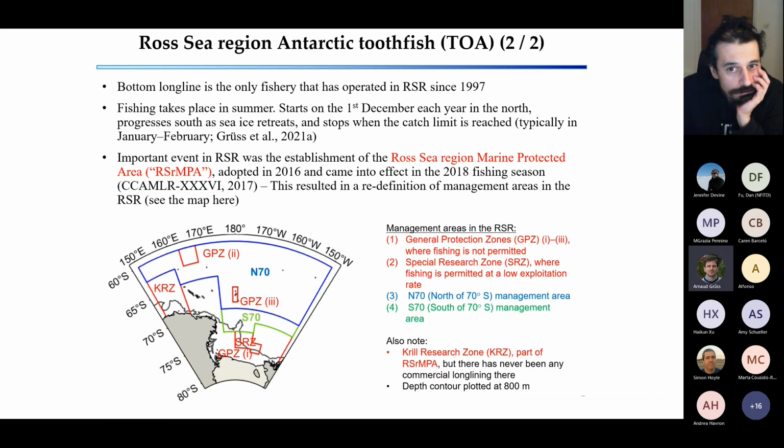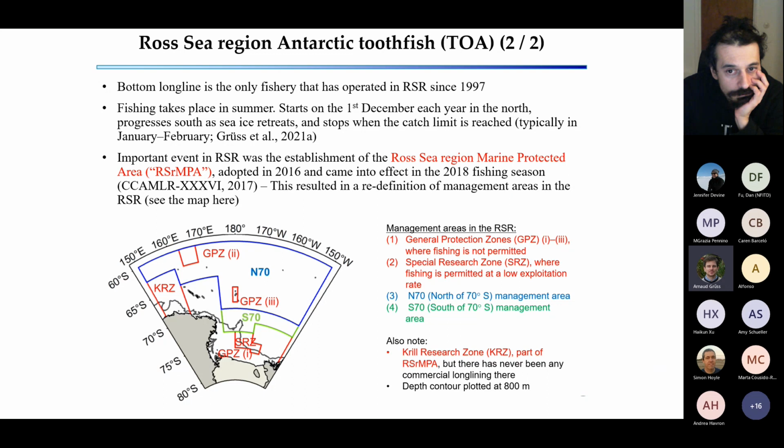Regarding fishing, Antarctic toothfish is currently targeted by only one fishery, which is the bottom longline fishery, which started operating in the Ross Sea region in 1997, 1998. And as just mentioned, bottom longline fishing takes place only in summer in the Ross Sea region.